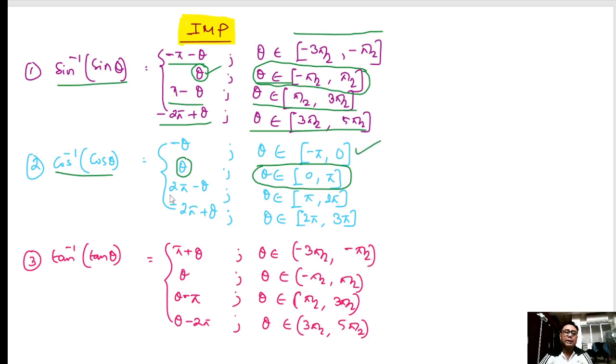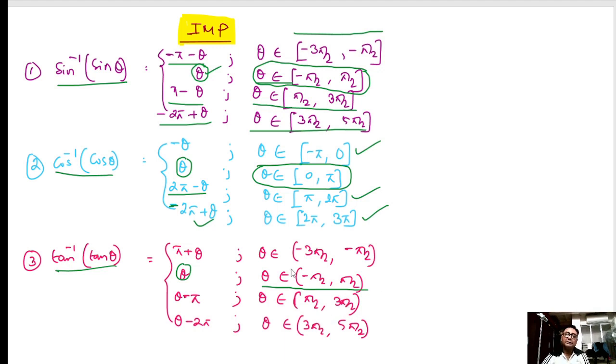It will become 2 pi minus theta if the angle lies between pi and 2 pi. It will become minus 2 pi plus theta if the angle lies between 2 pi and 3 pi. Similarly, tan inverse tan theta is theta only when it is between minus pi by 2 to pi by 2.